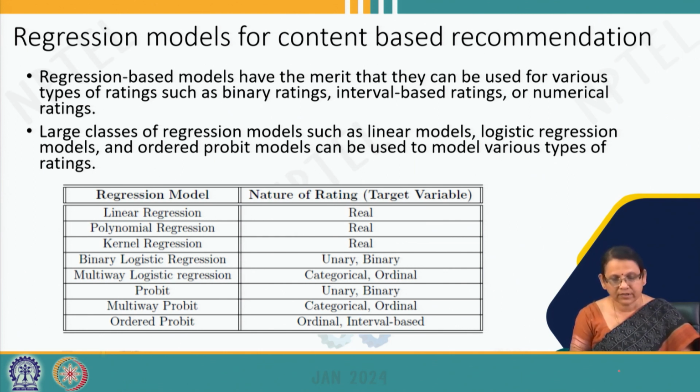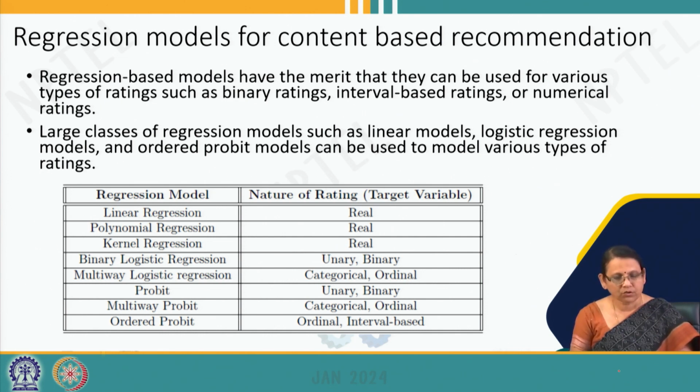Then binary logistic regression is for unary and binary ratings, and a unary rating is actually considered as a binary rating where the rating 0 means the user has not given any input.